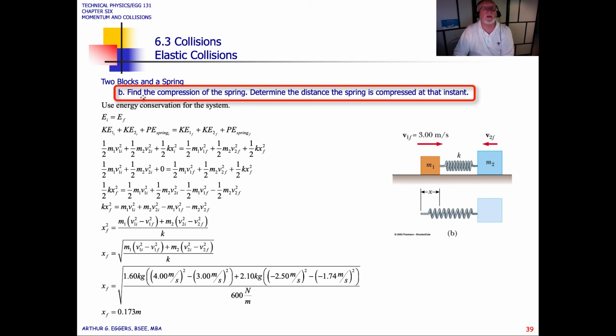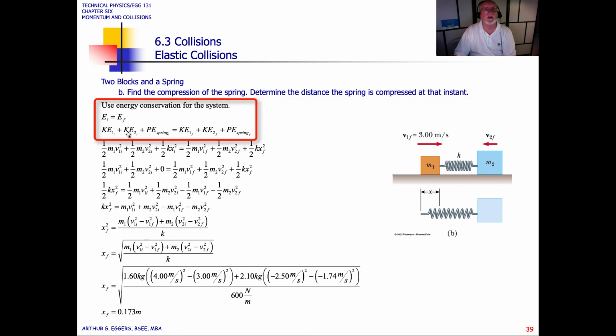Okay, so on the next question, they ask, find the compression of the spring. Determine the distance the spring is compressed at that instant. So now we go back to our energy relationship, the conservation of energy for the system. Since everything in this case is kinetic except for the potential in the spring, we can use kinetic energy 1 and 2, initial, potential energy of the spring, and we set it equal to the final values.